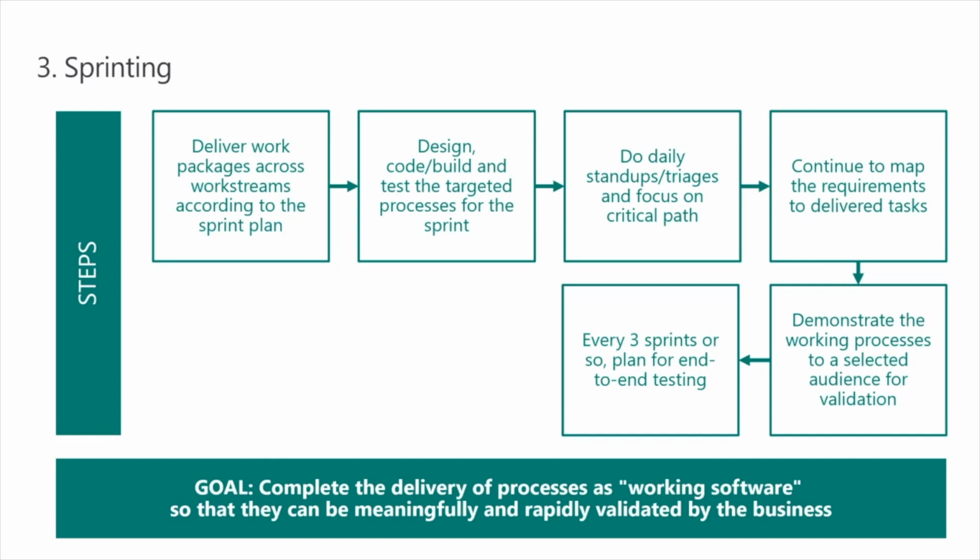Make sure that within your sprinting, every 2 or 3 sprints, you're actually doing an end-to-end test of whatever you've delivered thus far, right? Because at the end of each sprint, you're doing your testing for what you delivered in that sprint, and you try to do it as end-to-end as possible, but you'll find that within 2 or 3 sprints, there may be gaps appearing in your end-to-end testing. So make sure you do your end-to-end testing every 2 or 3 sprints.